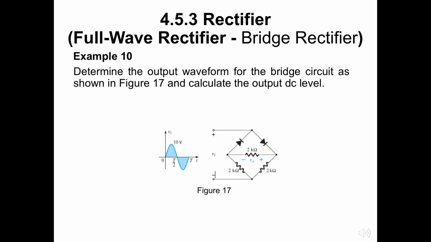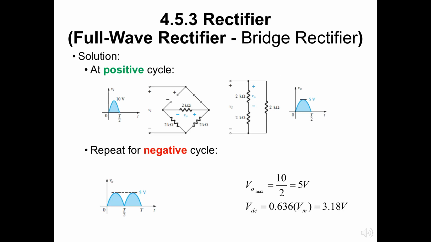OK, now we will look at an example related to the full-wave rectifier. Example 10. Determine the output waveform for the bridge circuit as shown in Figure 17 and calculate the output DC level. Solution for this example 10.